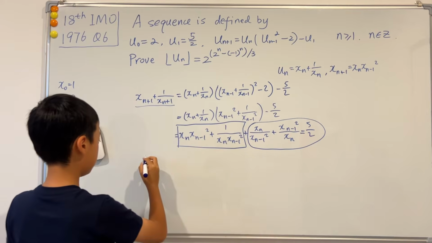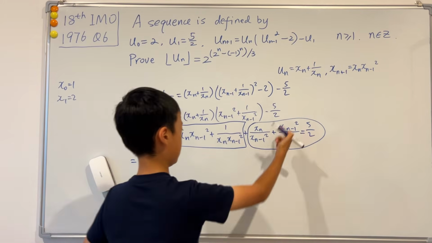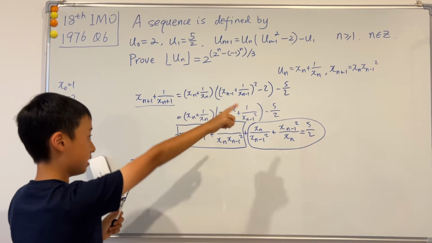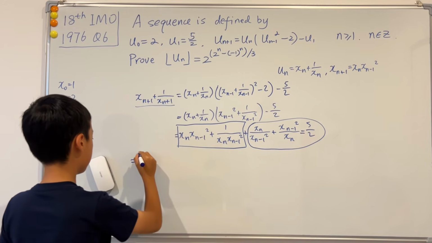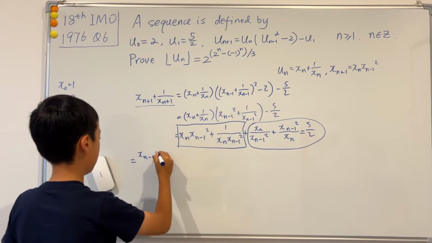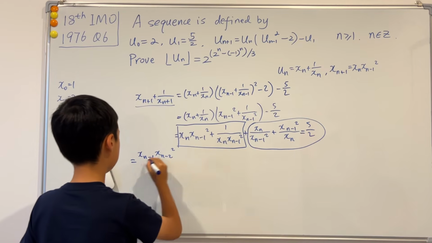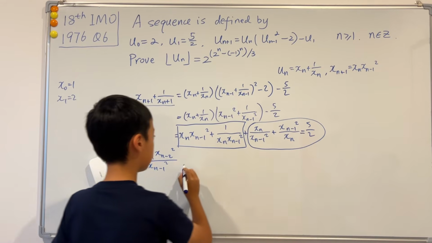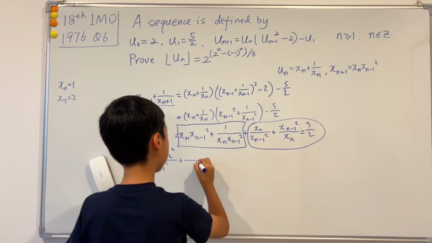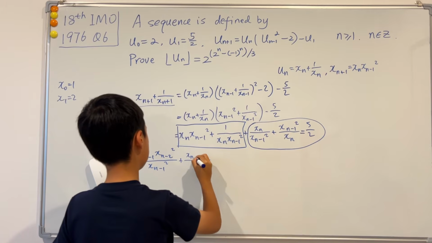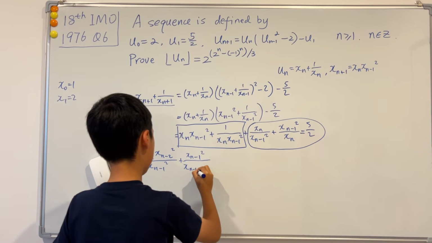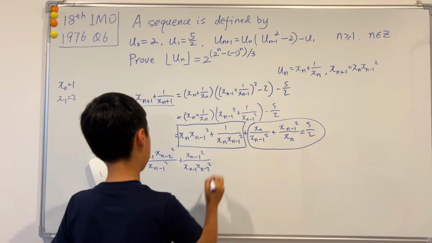So this becomes, because it's just the left-hand side, xn is, using that formula, xn minus 1 times xn minus 2 squared over xn minus 1 squared plus xn minus 1 squared over xn minus 1 times xn minus 2 squared.